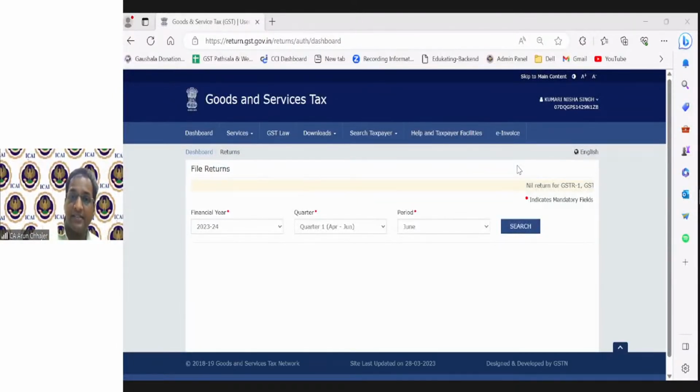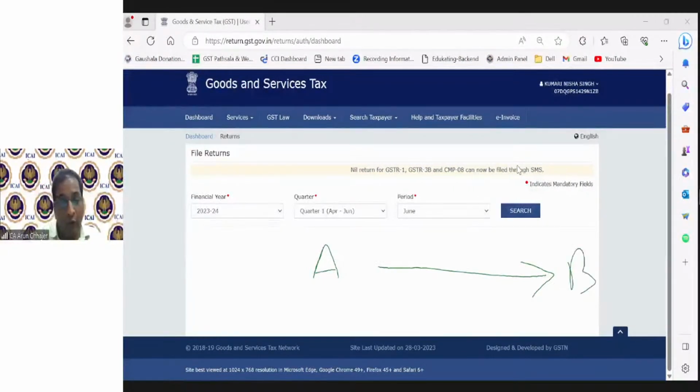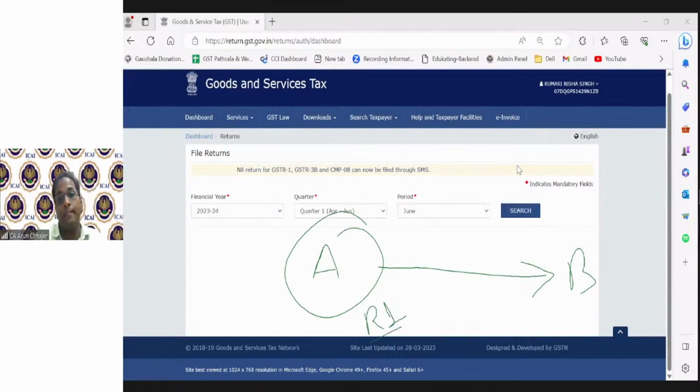Suppose A is a QRMP taxpayer, but B is a monthly taxpayer. A is filing the GSTR1 quarterly. Then if the transaction is reported after the end of the quarter, B would be in trouble. Why would B be in trouble?